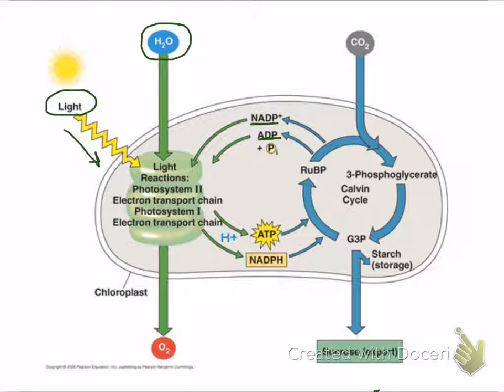Inside the chloroplast, the chlorophyll, which is inside, absorbs the light. And when chlorophyll absorbs the light, water gets split up into a hydrogen ion and an electron.